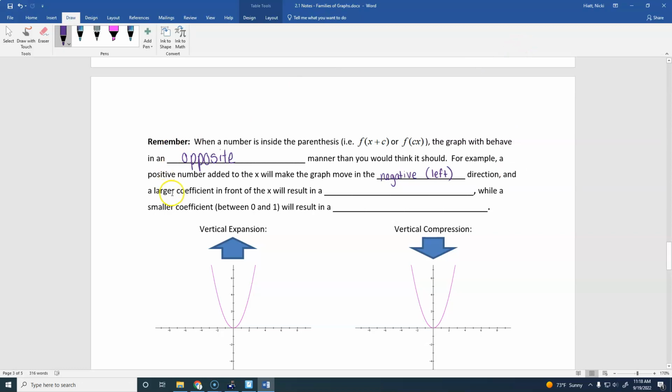Okay. A larger coefficient, when I say larger, here I mean greater than 1, in front of the x, will result in a horizontal compression, while a smaller coefficient will result in a horizontal expansion.